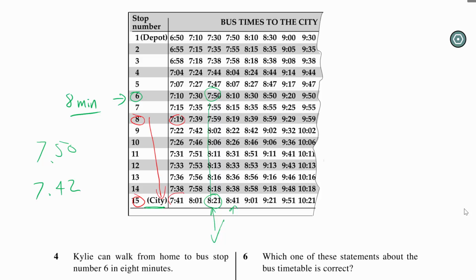Over here it's 7:19, and when it gets to the city, it's 7:41. Now if we subtract the two times, it takes 22 minutes for the bus to arrive at the city.